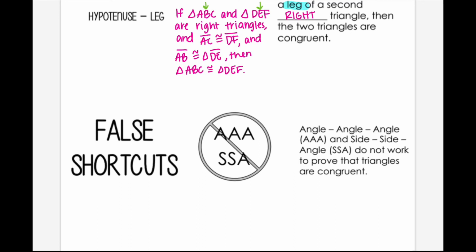So angle, angle, angle is a shortcut that actually tells you similarity. If there are 3 angles that are congruent between 2 triangles, that actually only proves that one of them has been dilated into the other, or they're proportional, but that doesn't necessarily mean that they are congruent.